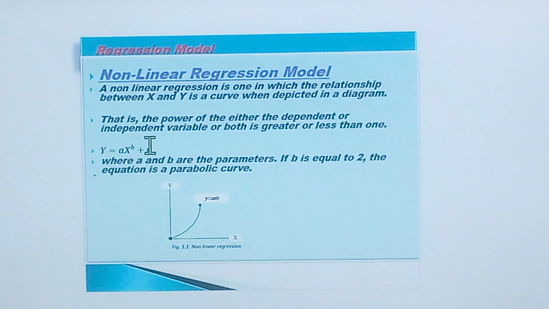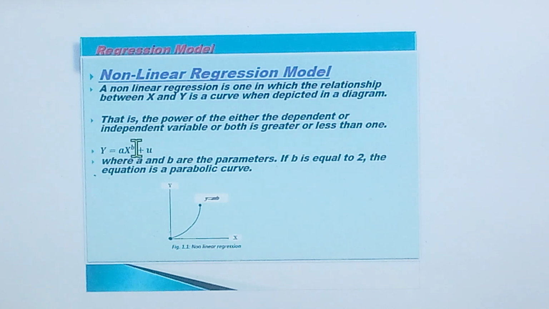But if b assumes any value other than 1, then the model becomes a nonlinear model. So, for example, if b is equal to 2, it's a nonlinear model, and that is a quadratic model. If b is equal to 3, it's a nonlinear model, and the model is a cubic model. If b is equal to 4, it's still a nonlinear model, and this kind is called a quartic model, in that order.